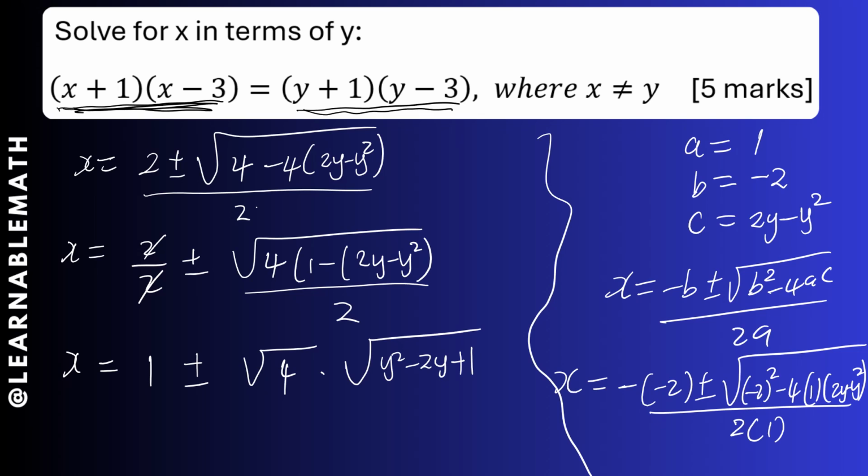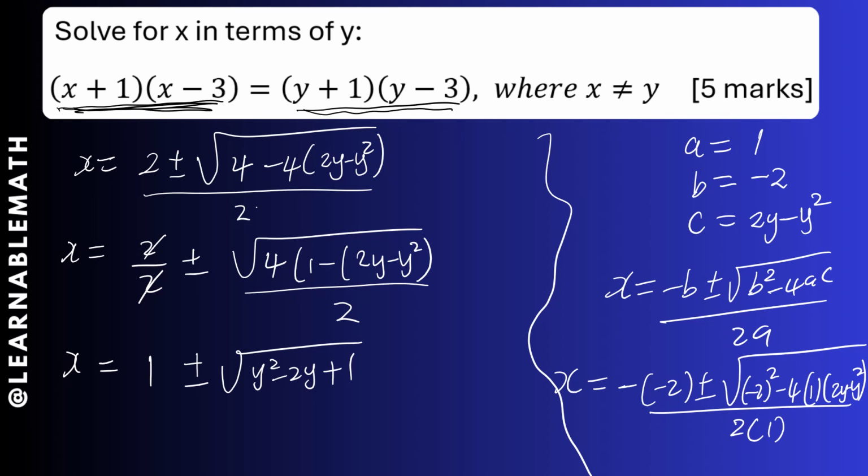I'm just writing it in that order. Obviously this is divided by 2, but we do know that the root of 4 is 2, so I can replace that with 2, then the 2 and 2 cancel, and that simplifies it. Let me write it properly: y squared minus 2y plus 1.